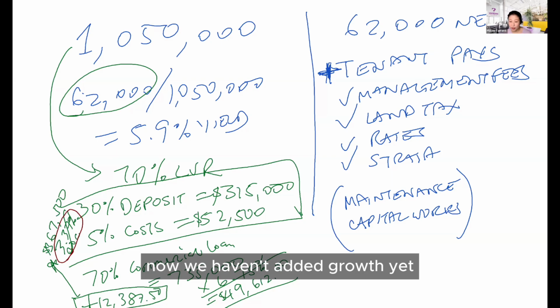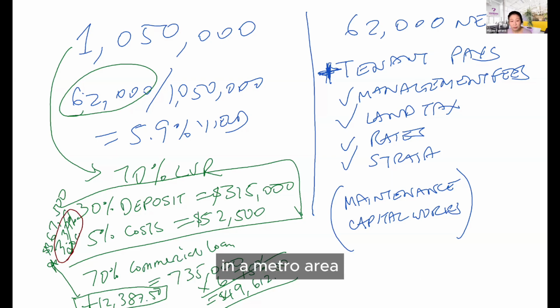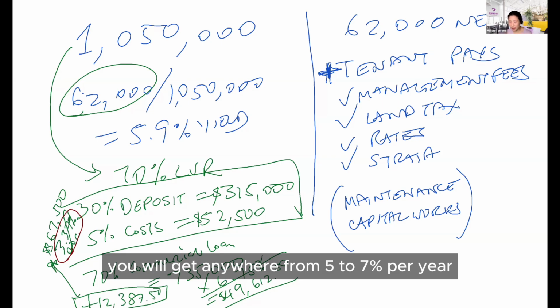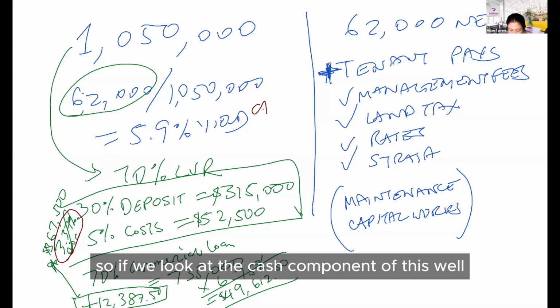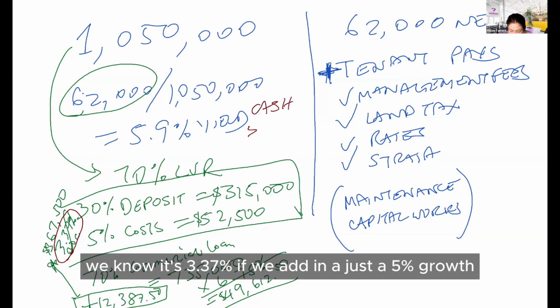Now, we haven't added growth in. If we're looking at growth in terms of commercial property in a metro area, you will get anywhere from 5 to 7% per year and often more, right? So if we look at the cash component of this, we know it's 3.37%.